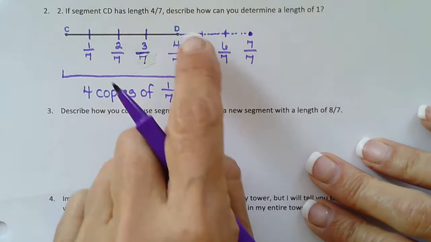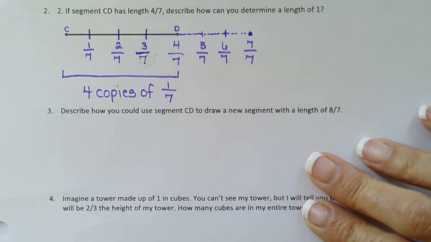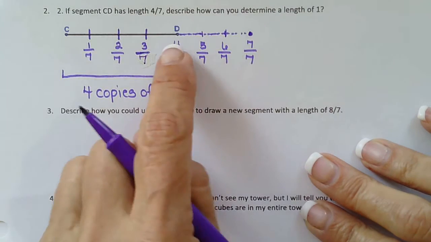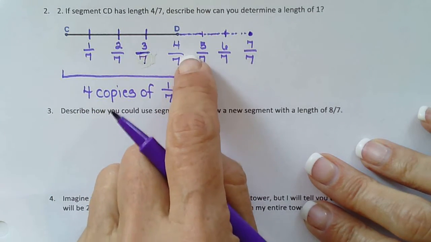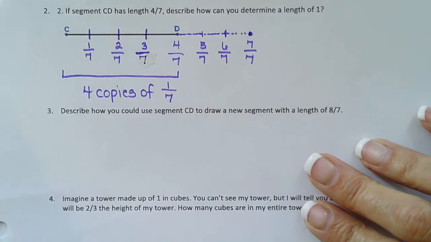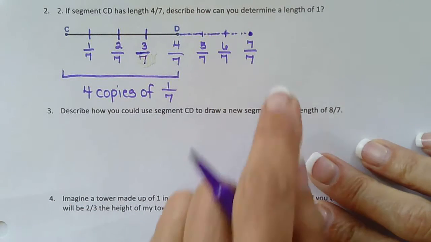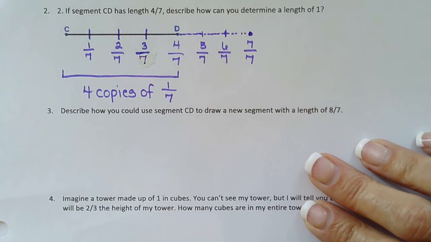So we need to describe in words what we did. We took CD and we added on 3 copies of 1/7 in order to make a segment of length 1.